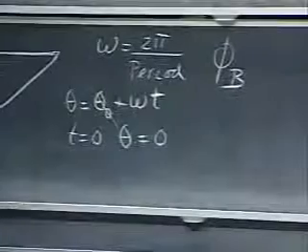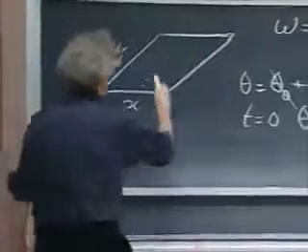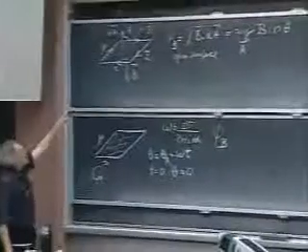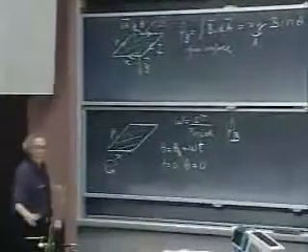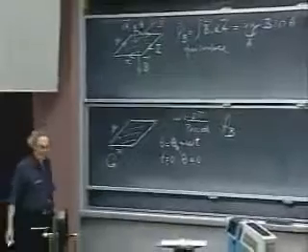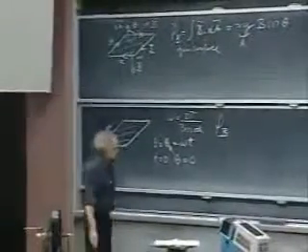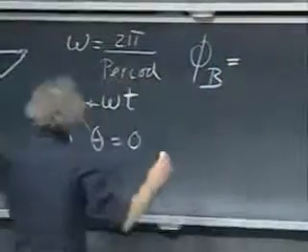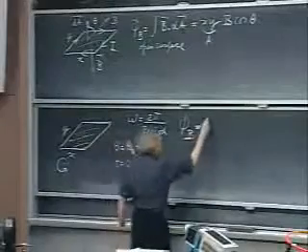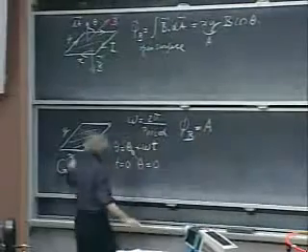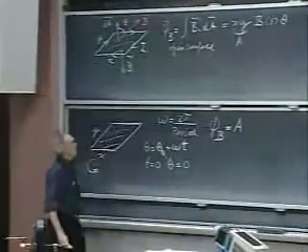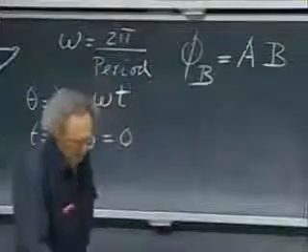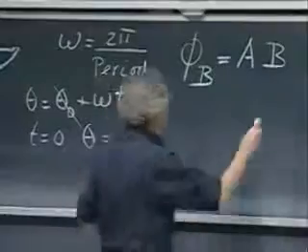I have to commit myself to a surface. Well, I will just choose this flat surface. Just like I did there, I chose that flat surface. I'm free to choose any surface. Why not taking the flat one? And so the flux through that flat surface is then the area, which is x times y. That's the area of this loop. And then I have the magnetic field. And then I have cosine omega t.